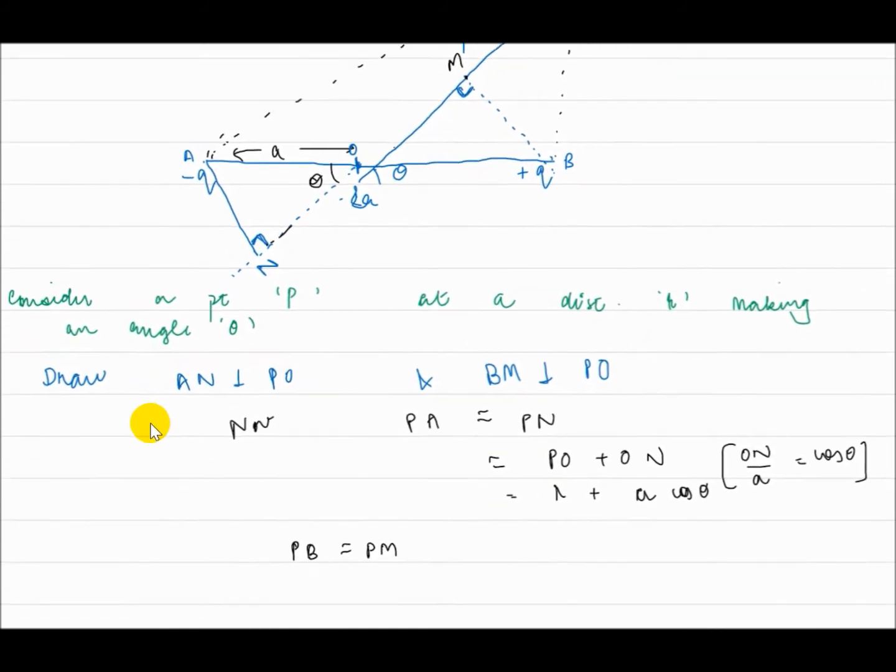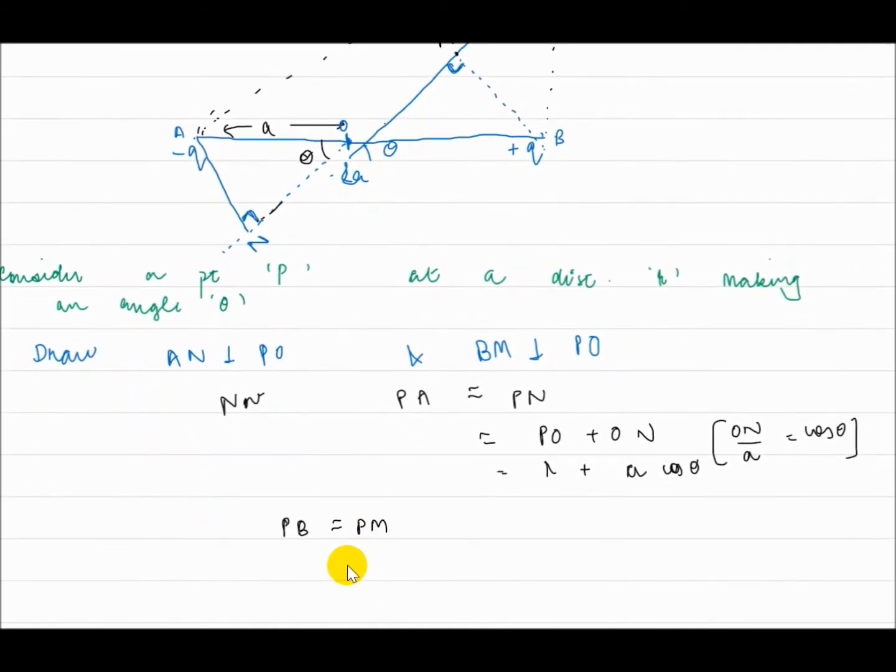So we'll write PM as PO minus OM, and we know PO is r, and OM is here. Actually the figure shifted, so theta is this. So OM can be written as a cos theta, because OM upon a is equal to cos theta.